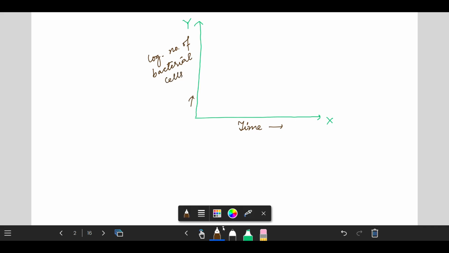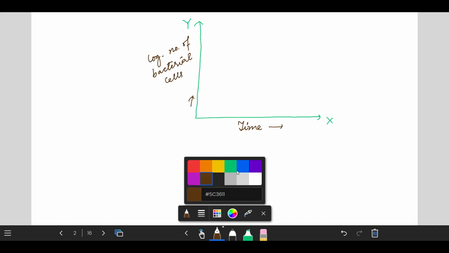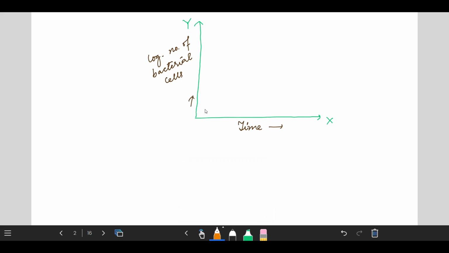Now, if we draw this type of curve, we can see a curve like this.